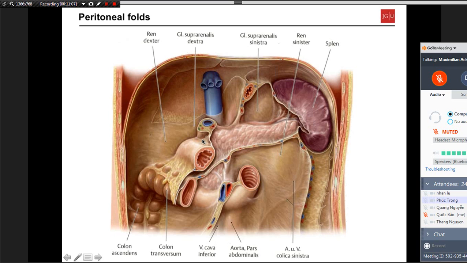You see that in the duodenum. This is a fold which rises up here. This is a fold which rises up here. Often, for sure, with the colon ascendens and the colon descendens, where you also have a crossing in peritoneal folds because the gut crosses the peritoneum.